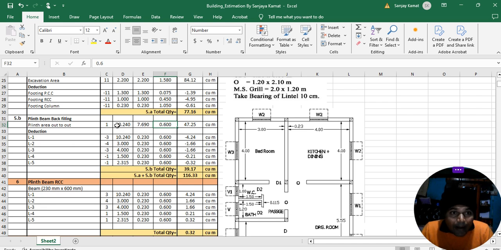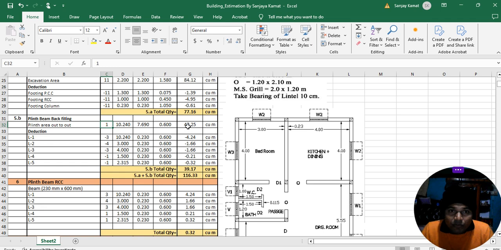Now calculate this: multiply 1 into 10.240 into 7.690 into 0.600, then press the equals sign.